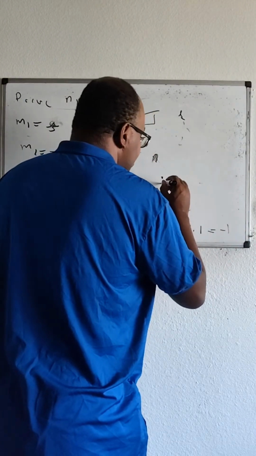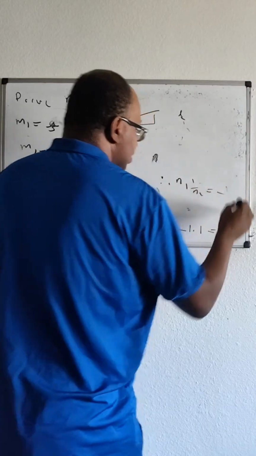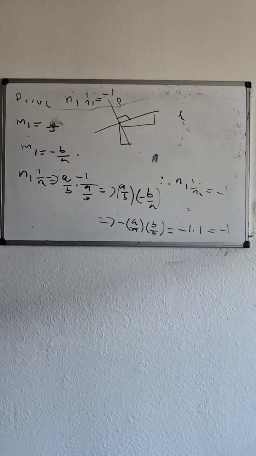And therefore, M1 times M2 is equal to negative 1. Very important, guys.